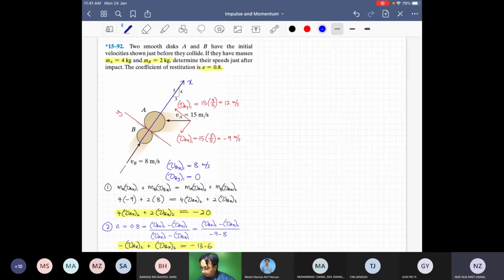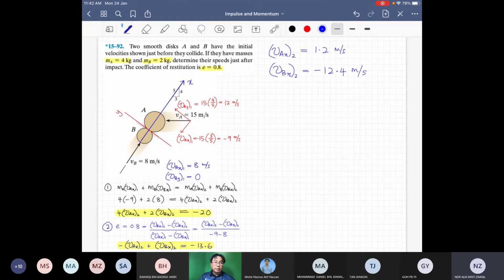VAX, saya tulis dekat atas lah, VAX2 is equal to 1.2 meter per second, and VBX2 is minus 12.4 meter per second.